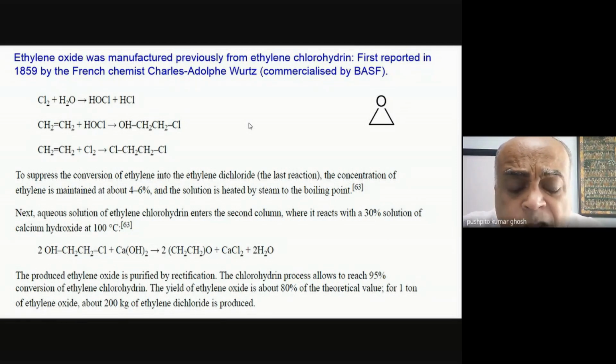Well, it is actually acting as an oxidizing agent, because finally I'm ending up with ethylene oxide, which is an oxidized form of ethylene, and chlorine is an oxidizing agent. So obviously, that oxidizing agent is coming through the formation of HOCl. So indirectly, chlorine is actually doing the oxidation.